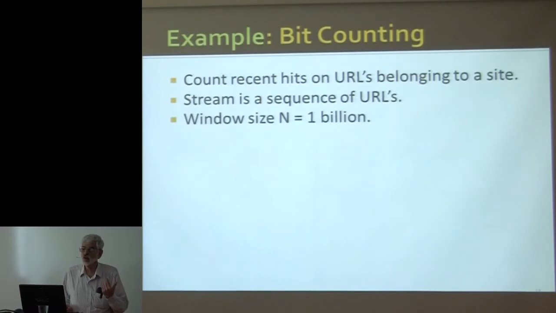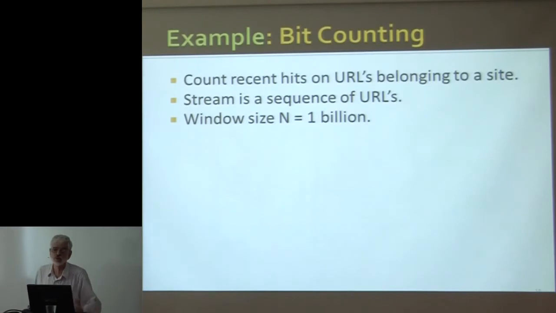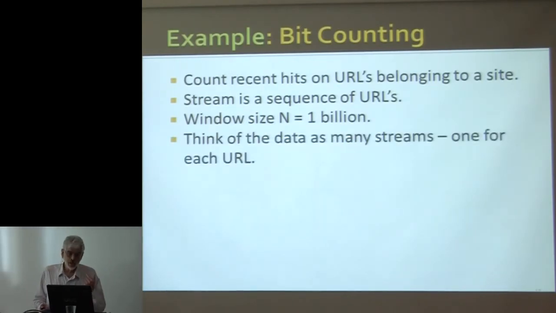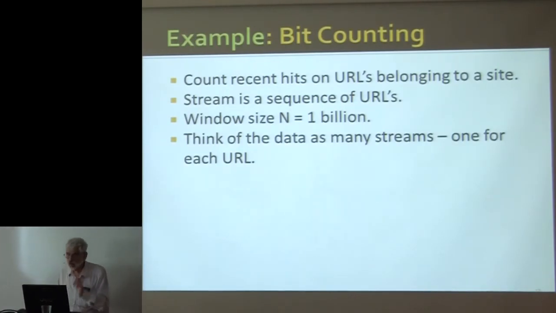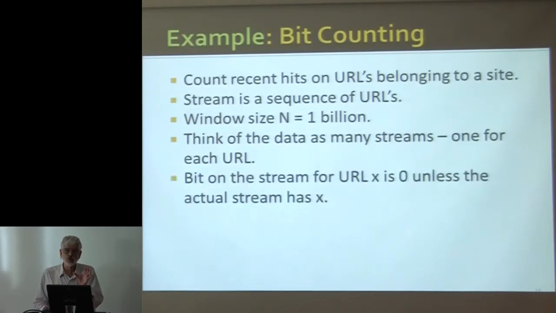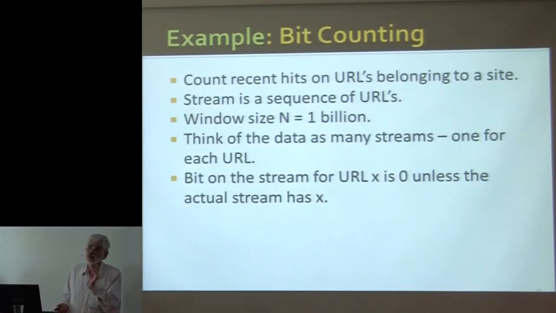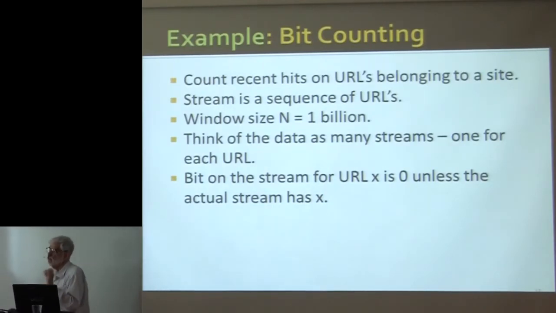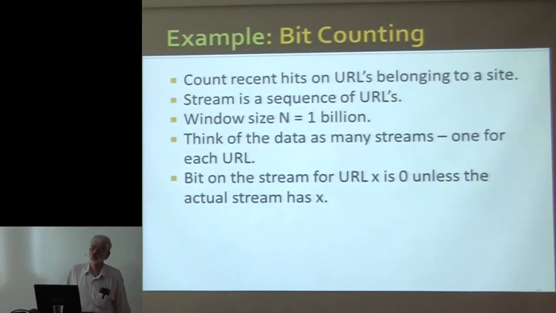Technically, you've got one stream, which is a sequence of URLs. Let's say we want to keep the last billion requests. You can convert this into a large number of streams, but the streams are binary. There's a binary stream for each URL, and the position has a 1 if that URL was the one requested, and it's 0 if some other URL was requested.